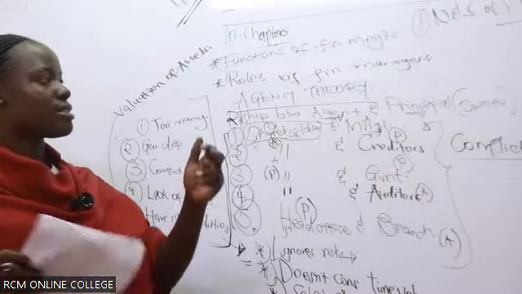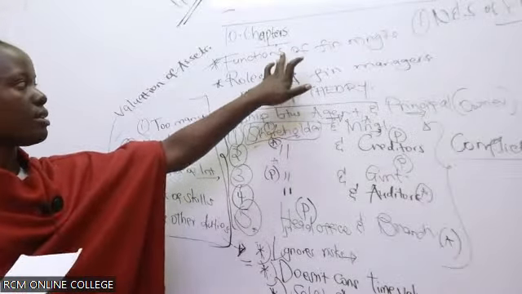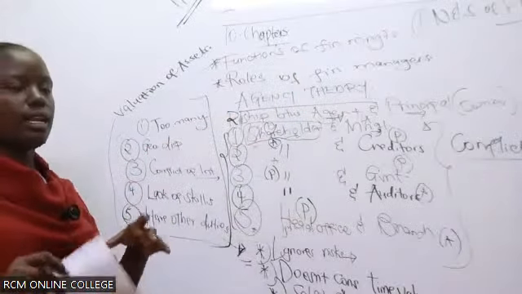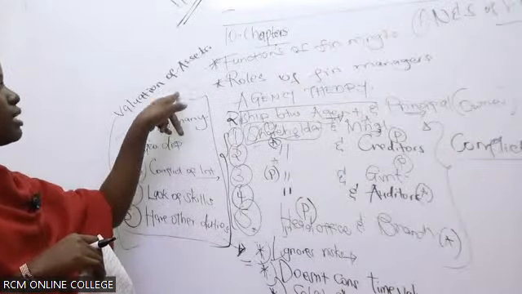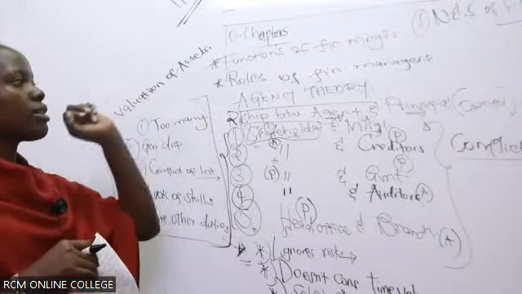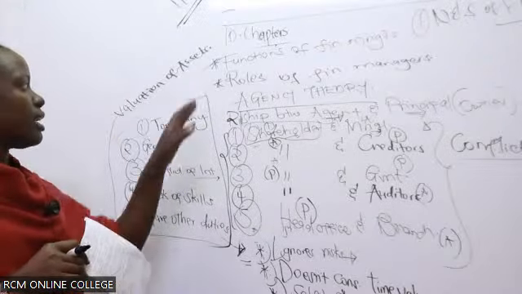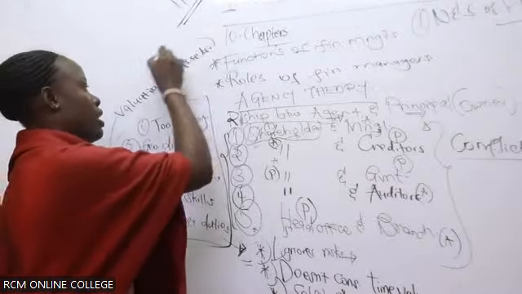You might be asked a question or two on theory, but most questions cover the calculation part. That's why I've said from next class, let's begin from valuation of assets.